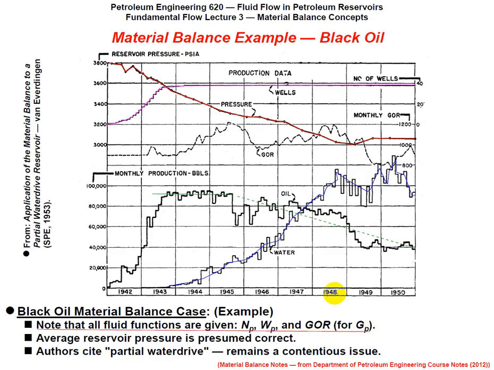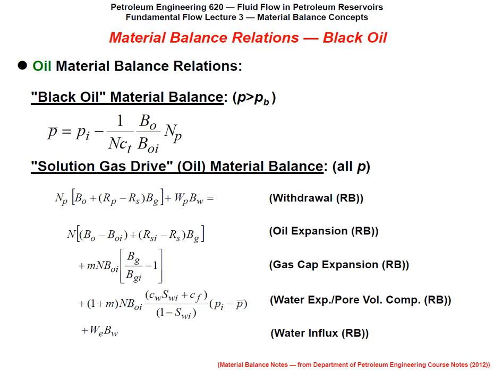I've gone ahead and assumed that the average reservoir pressure is correct. Okay. So now you just take this information and put it into the material balance equation, and you have an answer that pops out. Not exactly, but sort of.